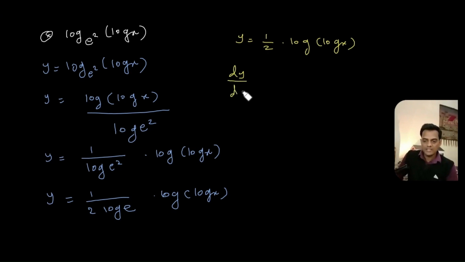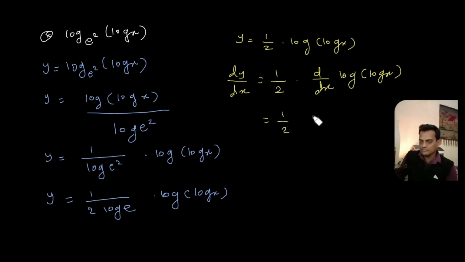So dy by dx is equal to 1 upon 2, and then the derivative of this log of x. Here the log is the first function and log x is the second function.